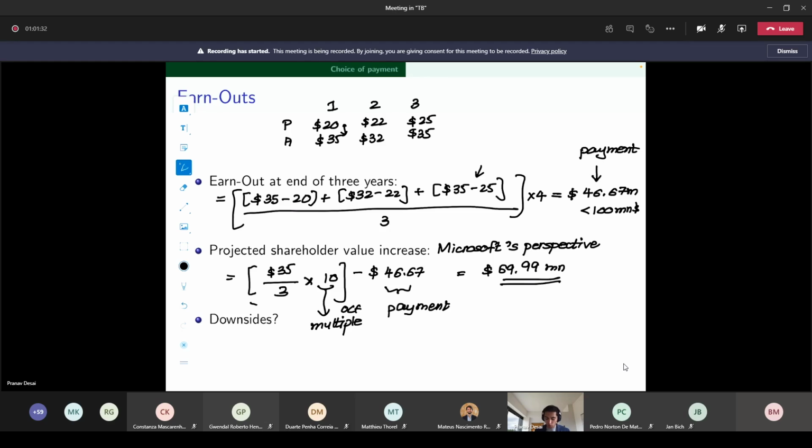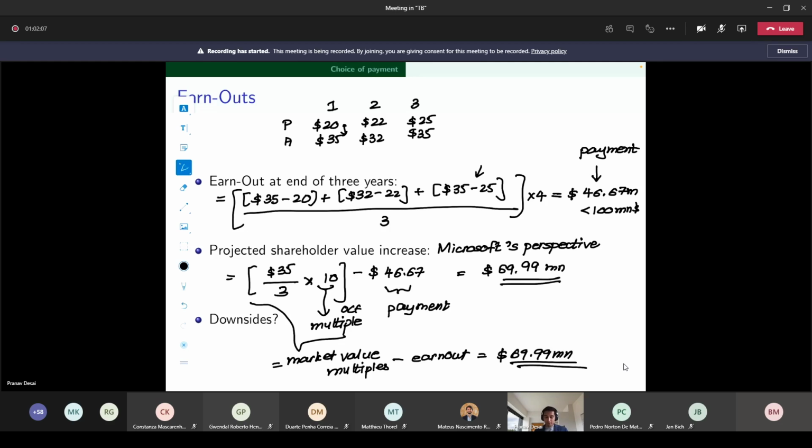So effectively this entire thing is the market value based on the multiples minus the earnout payment. So from this entire arrangement, the shareholders of Microsoft are benefiting to the tune of $69.99 million. So effectively, it works out to a win-win situation for both the parties.